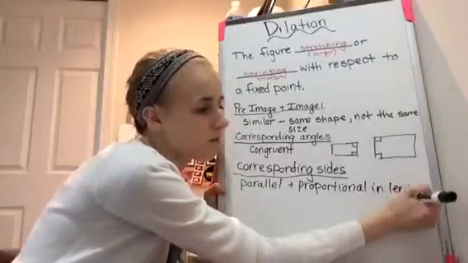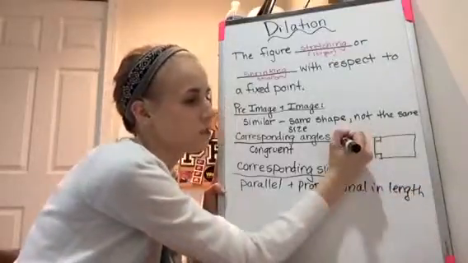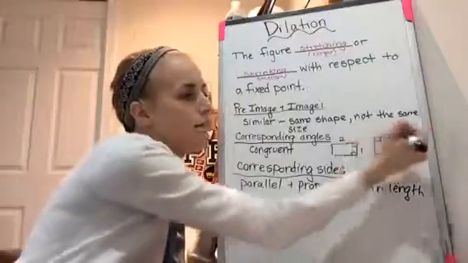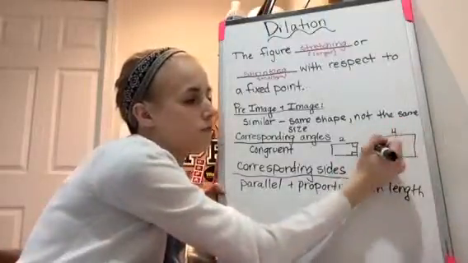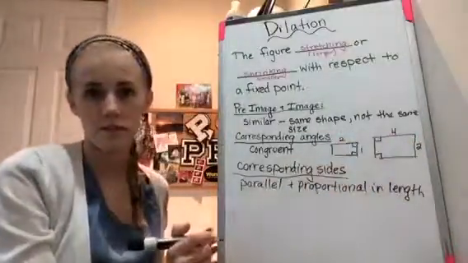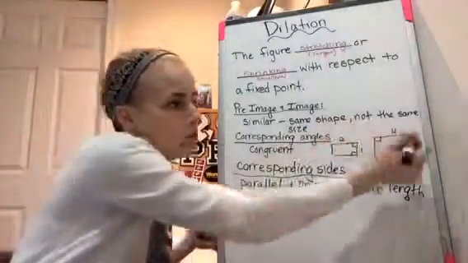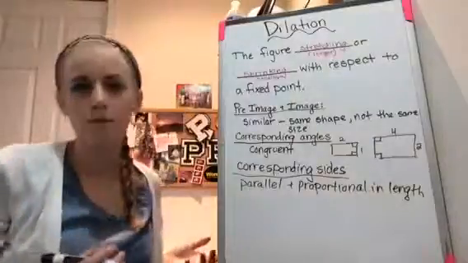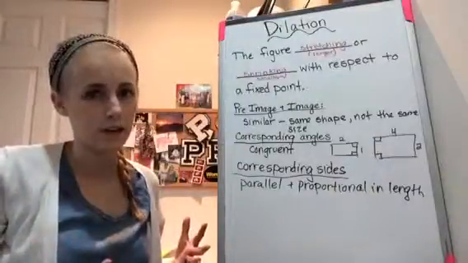If I said this was 2 and this was 1, that means this would have to be 4 and this one would have to be 2 in order to have a scale factor of 2. This could not be 3 because then it's not proportional and it's not a true dilation.